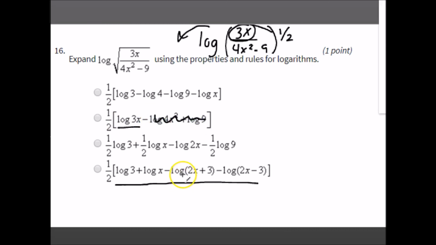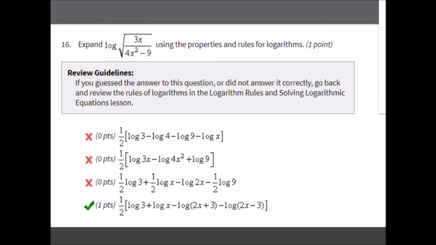You can't separate them like that. This one doesn't have the half all the way through it. So I'm not even going to look at that one. So let's see, we have 3 and x, that's the product piece, and then it said subtracting each of these 2 things. Realize that when it used to be 4x squared minus 9, when it's FOILed out, that's what it would be. So that answer should be answer choice D.